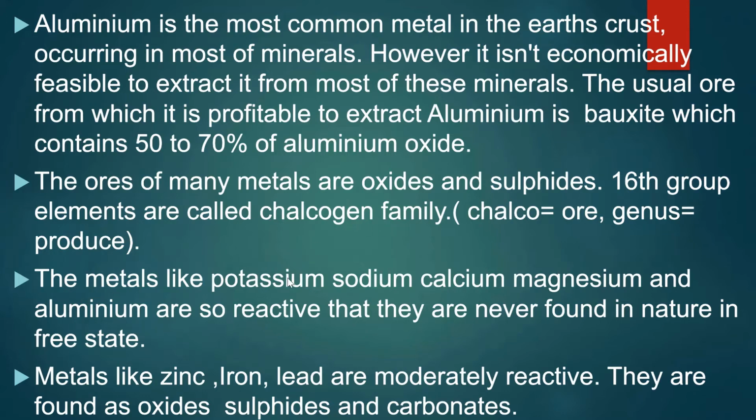Metals like potassium, sodium, calcium, magnesium and aluminium are so reactive that they are never found in nature in the free state. Metals like zinc, iron and lead are moderately reactive, in between the highly reactive metals and least reactive metals.